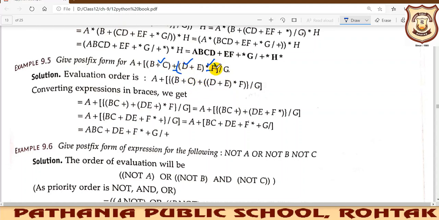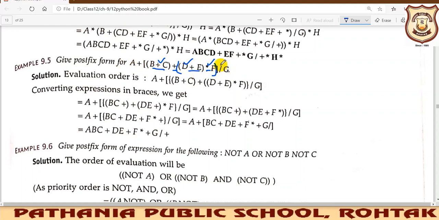You will solve this first. Firstly you will solve this and this. Then after this has been done, you will solve this part with this. Then you will solve the outcome with this. Then you will go with the solution of G, and finally you will go with the solution of A. Why?